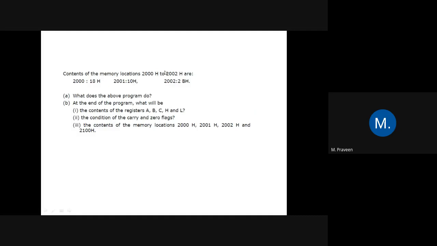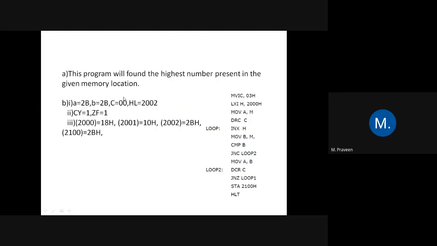A is 18 and B is 10. If we compare 18 with 10, A is greater and B is smaller, so while subtracting there will be no carry. Therefore the condition is true here, and the program will skip to that address.